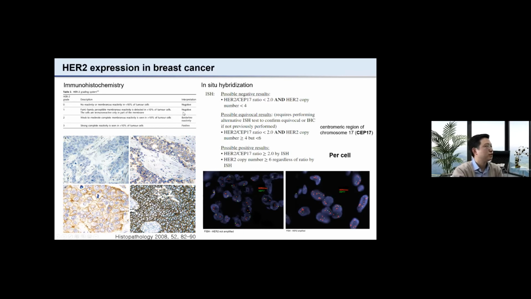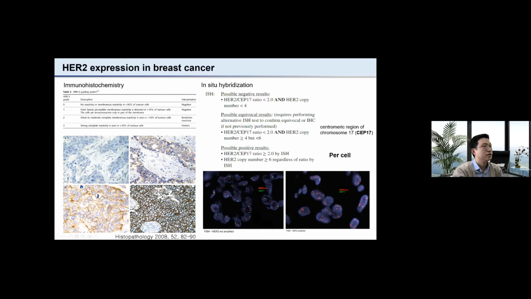So 0 and 1 are considered HER2 negative, 2 is considered equivocal or borderline, and 3 indicates positive HER2 status. This is used in the clinic for prognostic staging currently, and to decide whether to use HER2 targeted therapy or not. Or you can use in situ hybridization, which looks at the cell nuclei to directly see the overexpression of the HER2 genes.